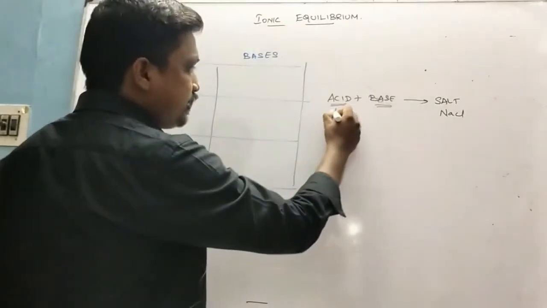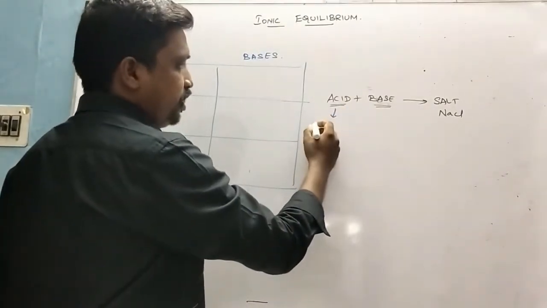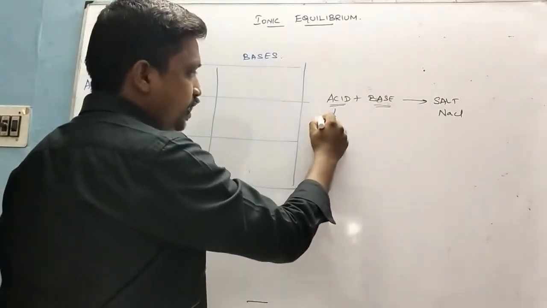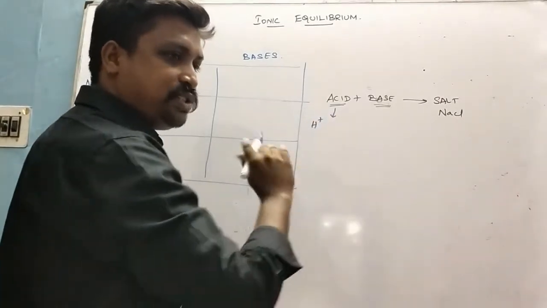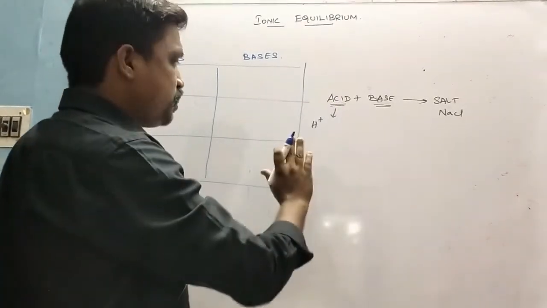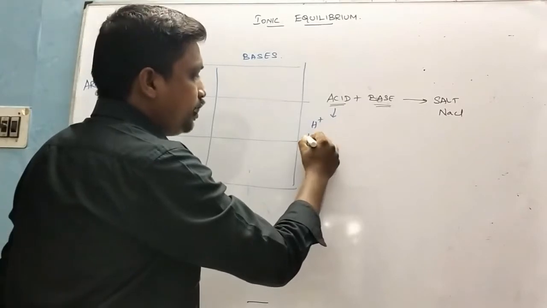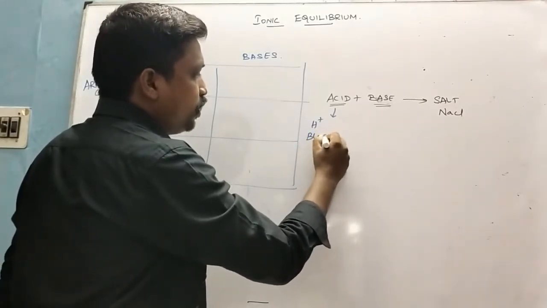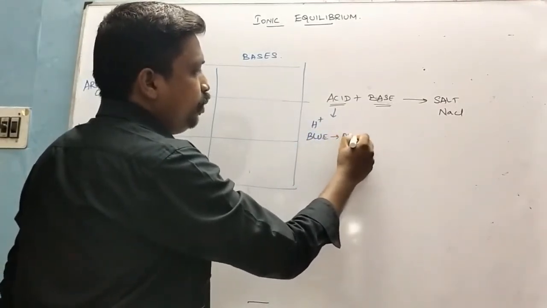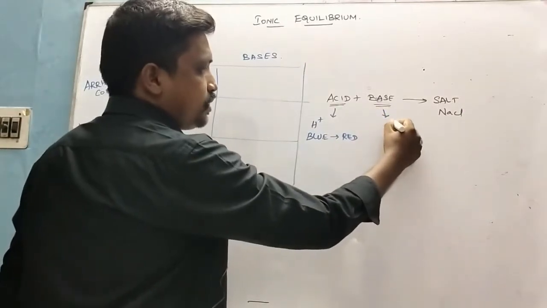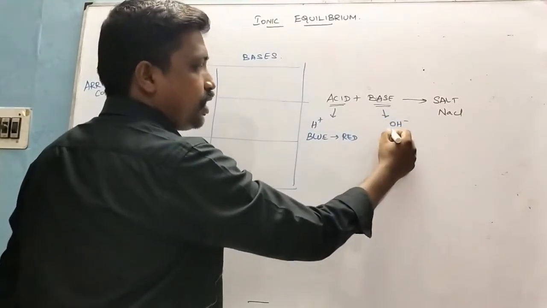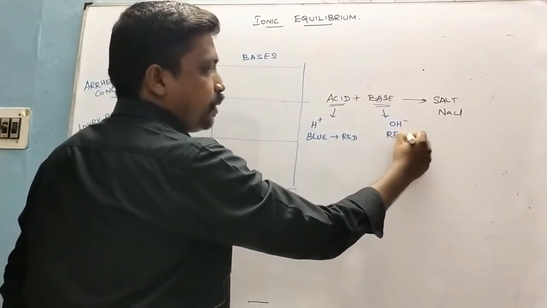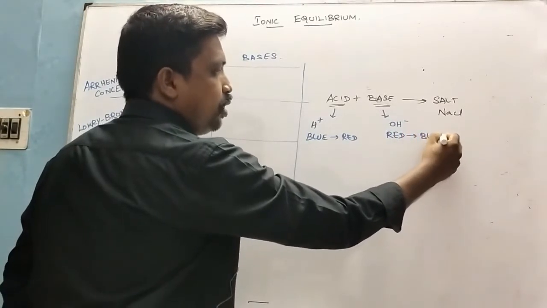Acids are substances which produce H+ ions in water. They turn blue litmus to red. What are bases? They generally give OH- ions in water. They turn red litmus paper to blue.